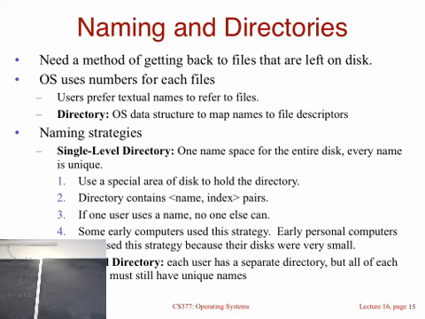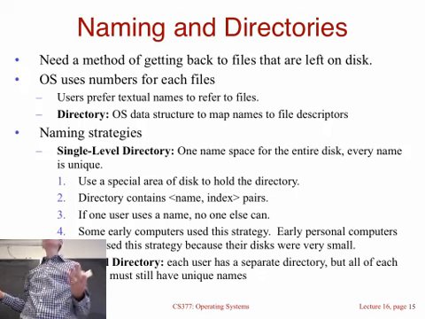This is all of user A's files, this is the directory for user B, and then user C, and so on and so forth. Same basic idea: the main directory just has one entry for each user, and then each user has its own second level directory that actually has their own files.